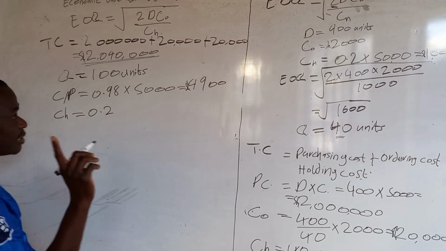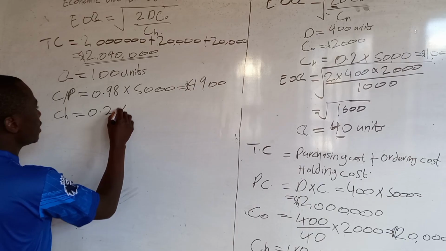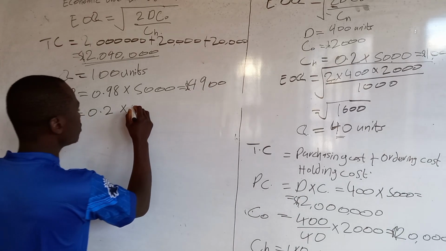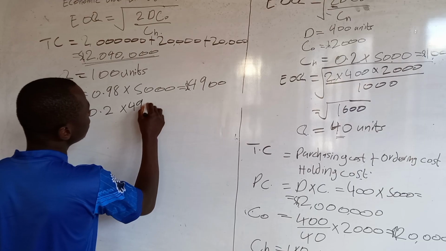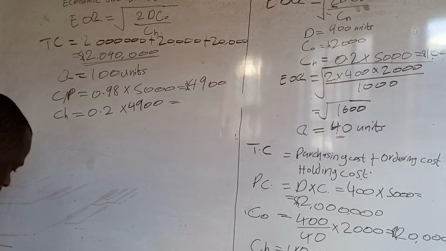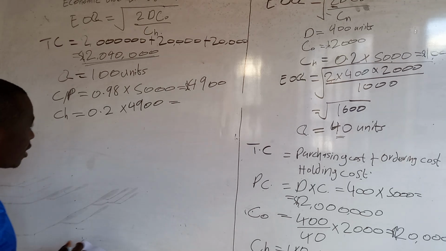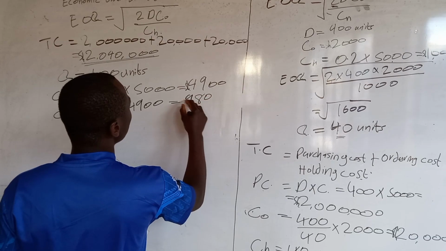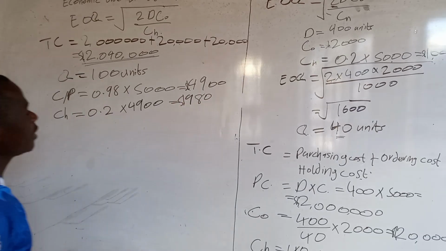It was 20% of the cost times our new cost, which is 4,900 times 0.2, and that would be 980 shillings.